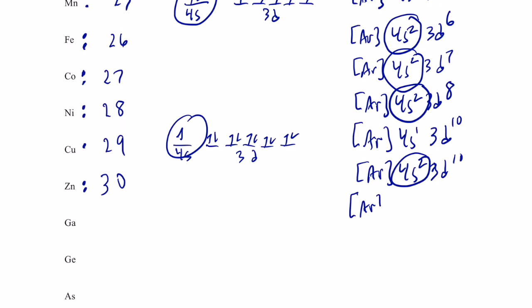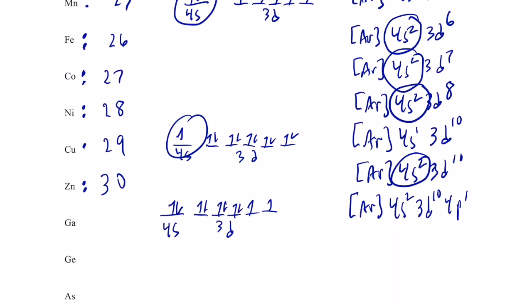So we'd have argon, 4s2, 3d10, 4p1. So its orbital diagram, folks, would be the 4s with 2 electrons in it, the 3d with 10 electrons in it, and then the 4p, remember the 4p has 3 orbitals, has 1 electron in it.